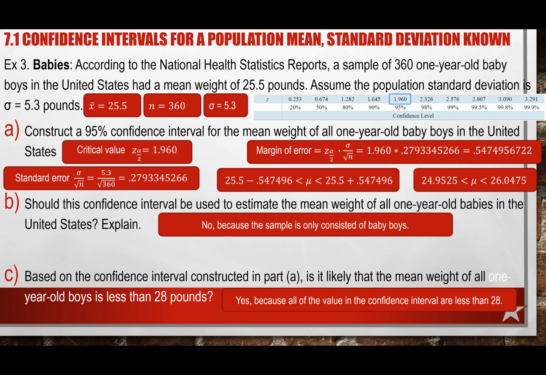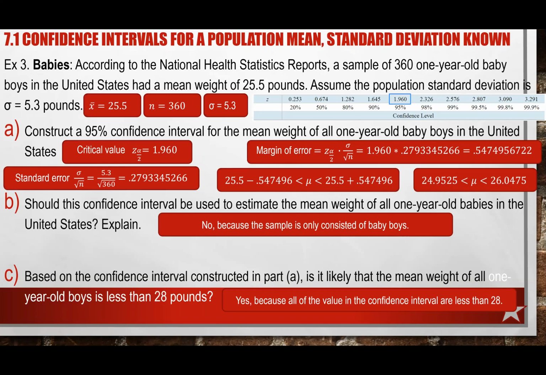Because we guesstimate that the mean will be between 24 and 26, but now they ask, is it easy to say that the mean will be less than 28? We can say that it's less than 28, right? We have 2 extra pounds for our confidence, right? So again, looking at this, does everybody see that? Any question in terms of the calculation, or what we're trying to do here?